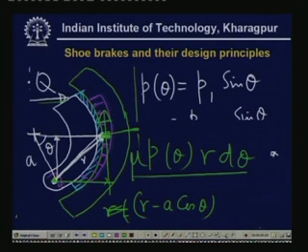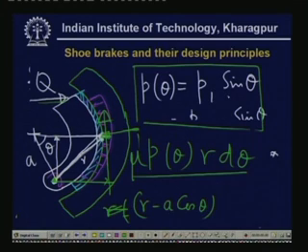So, the main thing is the distribution of this P theta, which is proportional to sin theta. This is roughly the way the friction forces etc. of a shoe brake are analyzed. We shall discuss that of the band brake and other kinds of brakes in the next class, but I suggest that you look at some books and try to understand how the friction force is analyzed for this kind of shoe brakes.